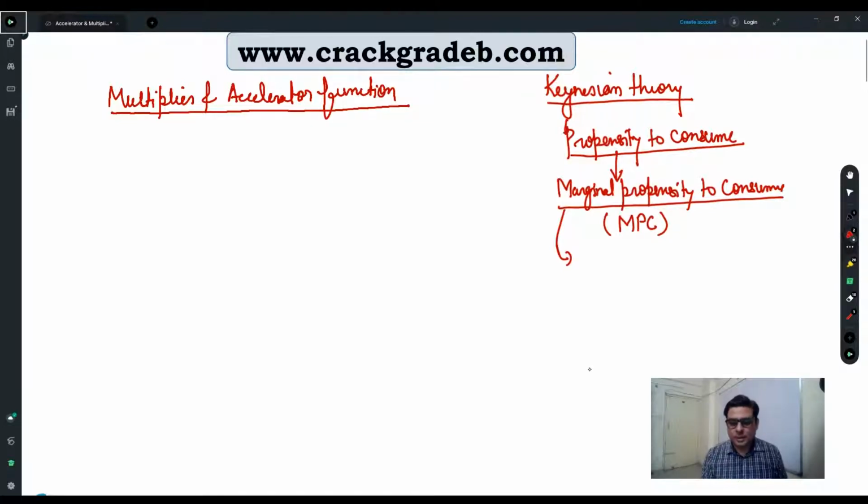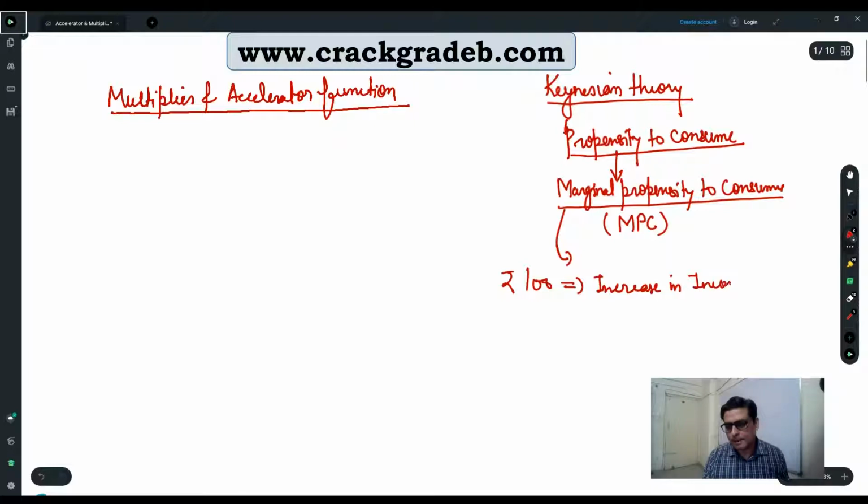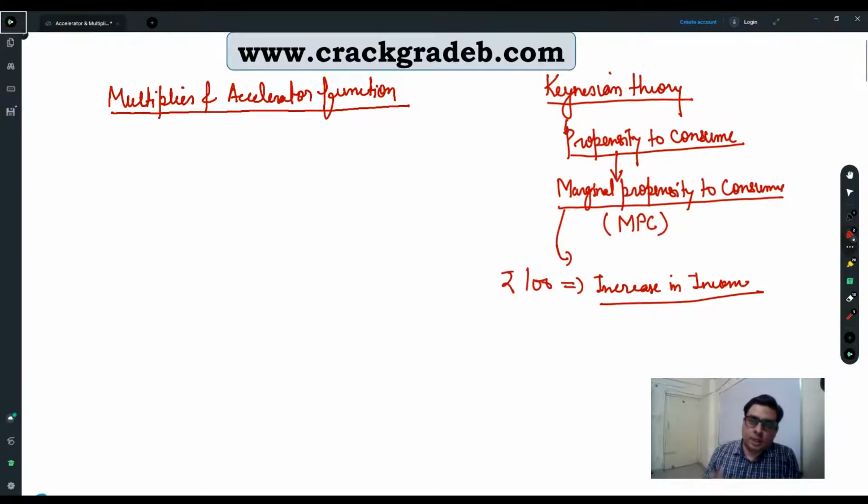Suppose that income is increased by 100 rupees. Now how much part of this increase in income we are going to consume is known as the marginal propensity to consume.